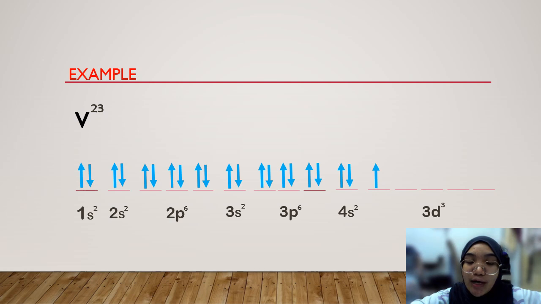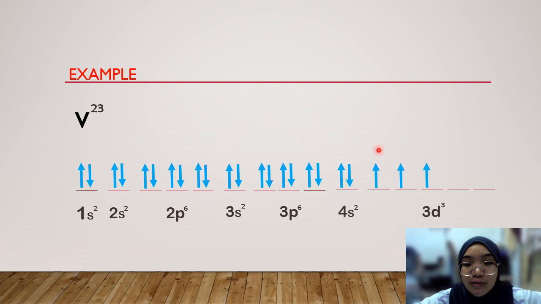Rather, the next one has to go in the next orbital but with parallel spins. If the spin is facing upward in this orbital, then the second spin should be parallel to it, facing upward as well. And the third spin will do the same thing, like this.